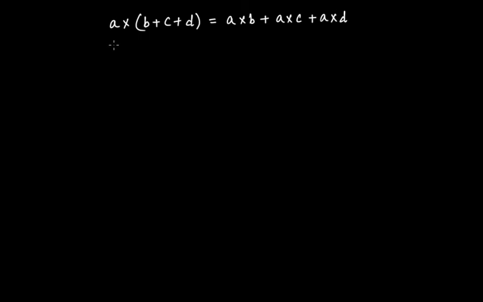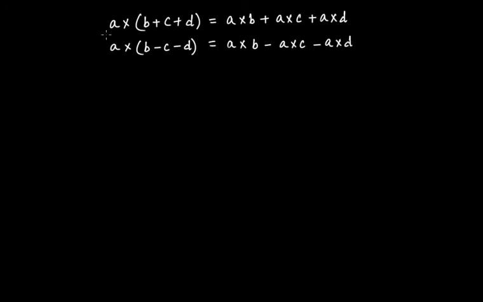If this were b minus c minus d, then using the distributivity of multiplication over subtraction, this would be a multiplied by b minus a multiplied by c minus a multiplied by d.